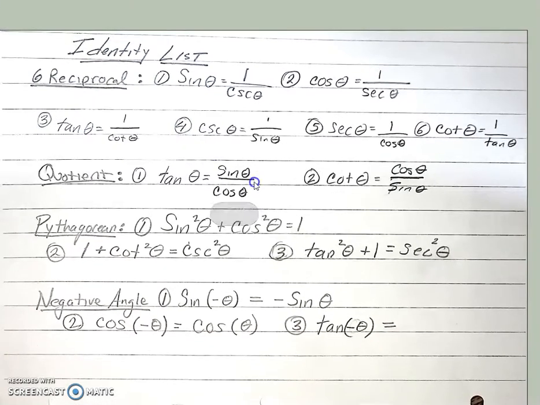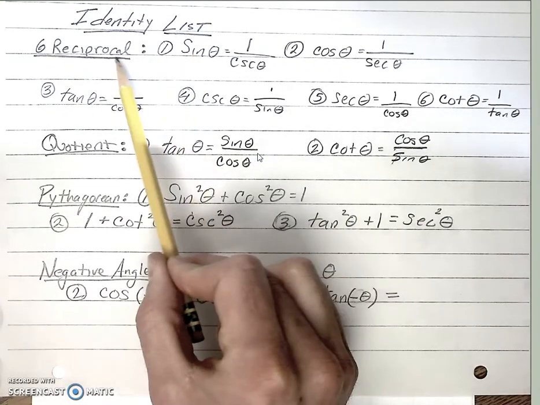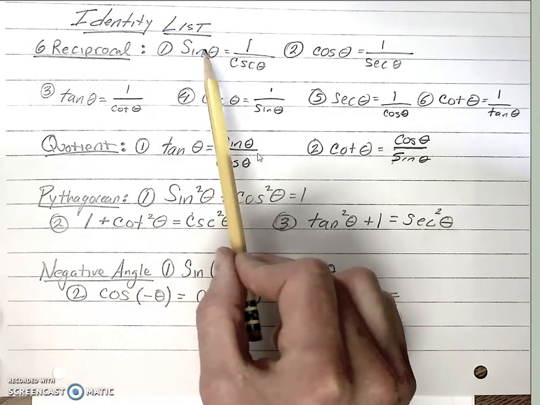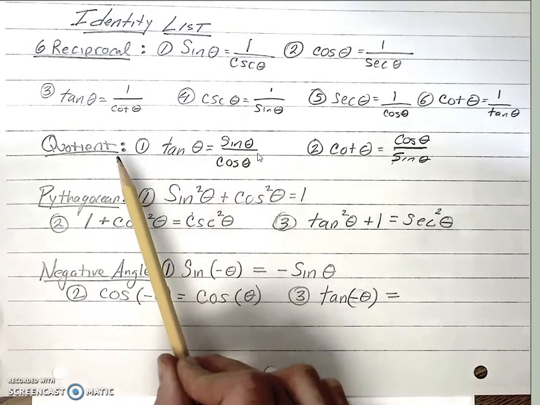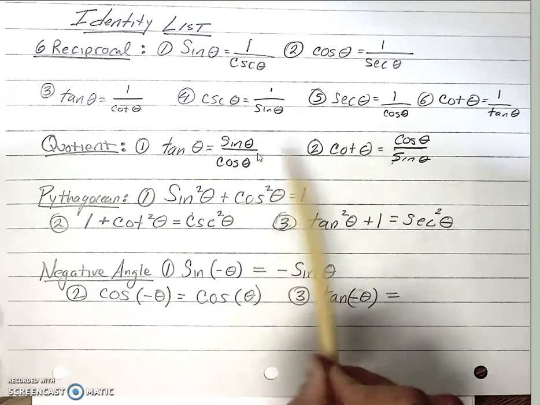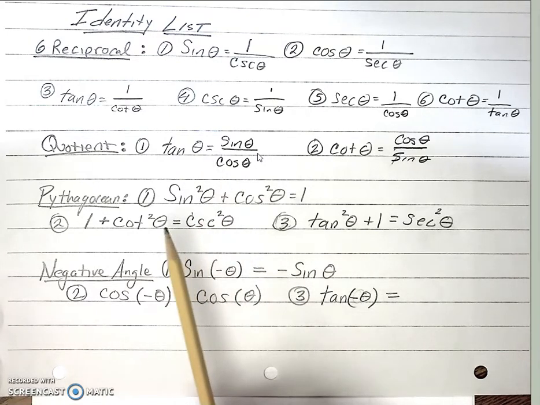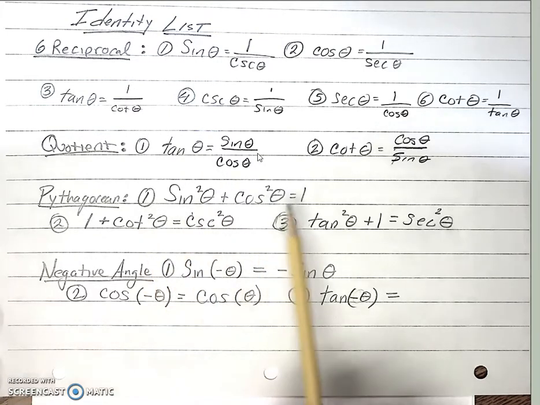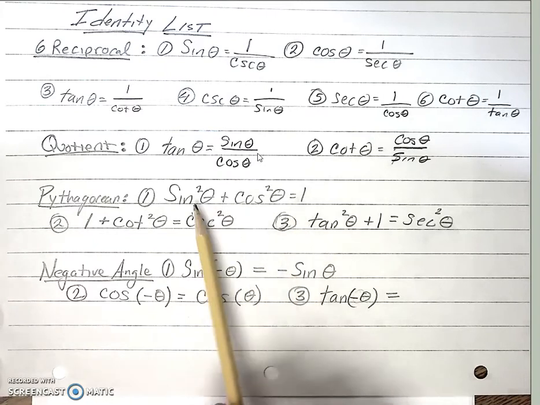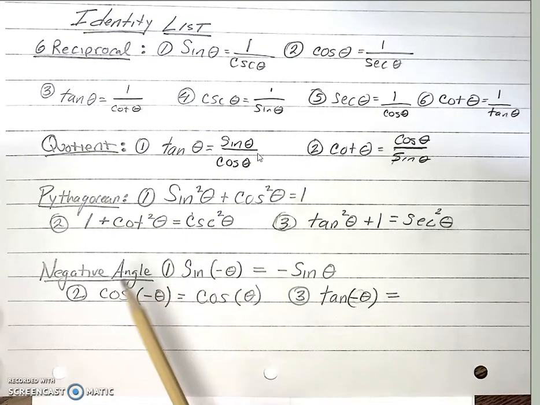If we look at the reciprocal identities, we've been using them a lot. The quotient identities, we just talked about those in section 4.3 when we talked about graphing cotangent and tangent, right? And now the Pythagorean identities we also used. In fact, you use these on the Chapter 1 test, okay? There's a question where you had to do very similar things to what we'll do in this section. And now we add our negative angle identities.